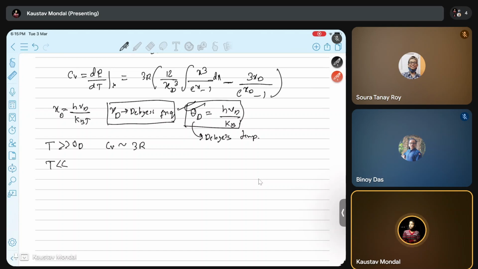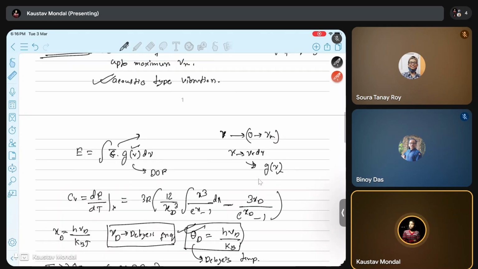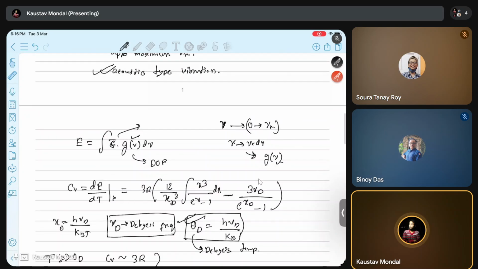And in low temperature, CV shows some functional form as a function of T cubed. Okay, so that is the low temperature case. So the Debye theory is consistent for both high temperature and low temperature. So it's the most accepted theory till now.